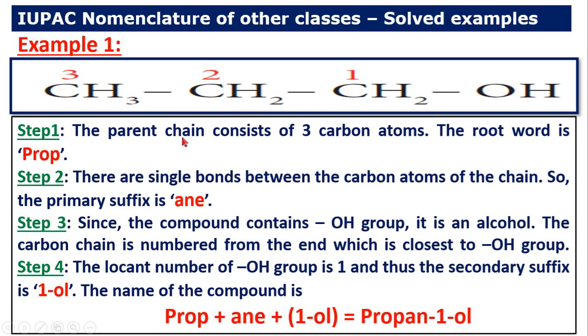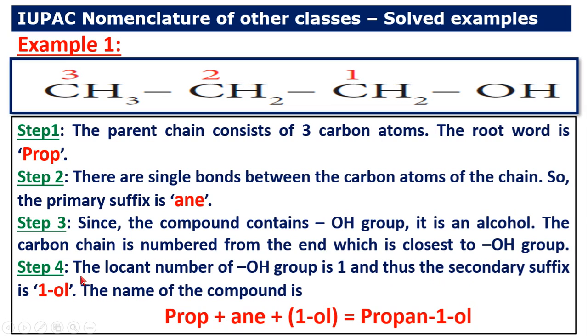Step 1. The parent chain consists of 3 carbon atoms. The root word is prop. Step 2. There are single bonds between the carbon atoms of the chain, so the primary suffix is ANE. Step 3. Since the compound contains an OH group, it is an alcohol. The carbon chain is numbered from the end closest to the functional group, that is the OH group.